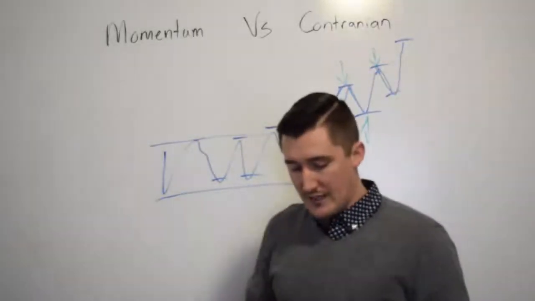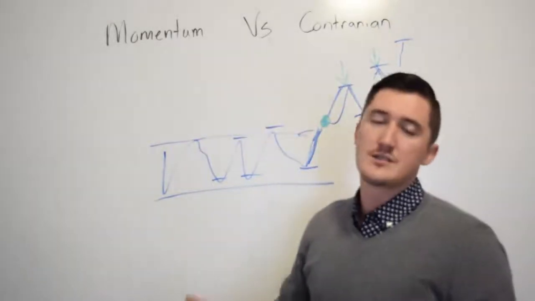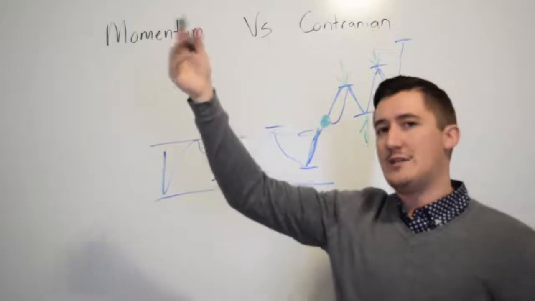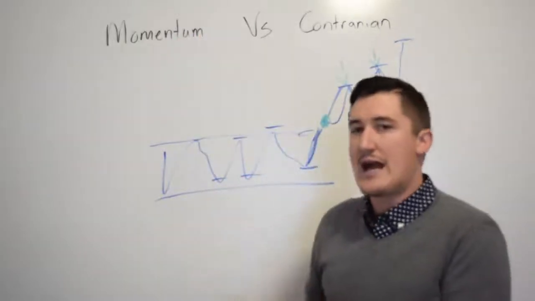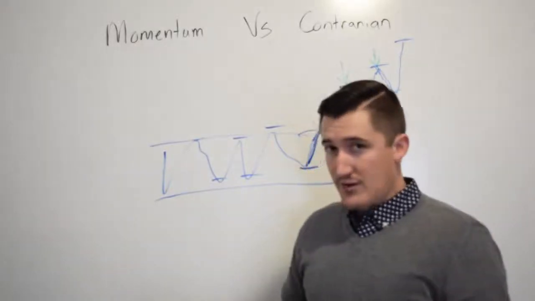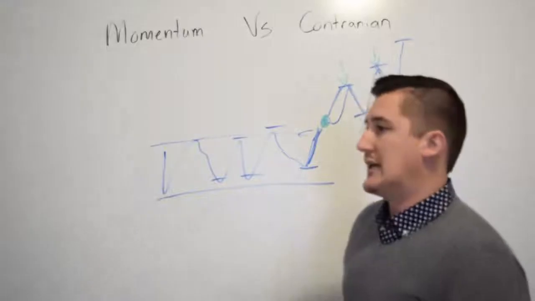If you got in too soon, you may as well take a very small loss and look for the next level to enter again. And because you're risking less than half of what you're trying to make, even if you're winning 50% of your trades, you still should make money.